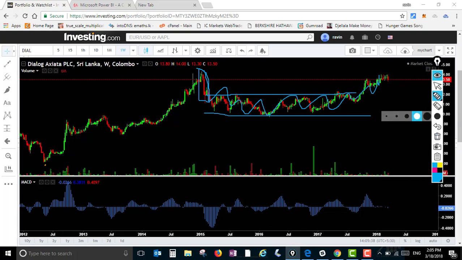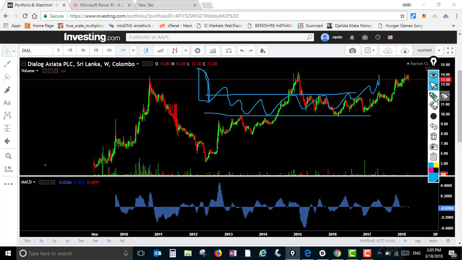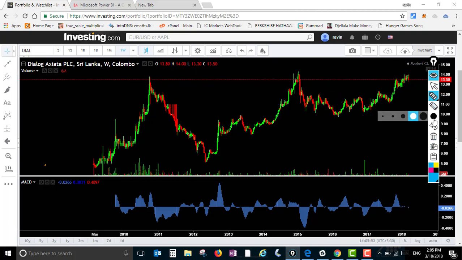And meanwhile you can see MACD has developed small price action near the zero line.